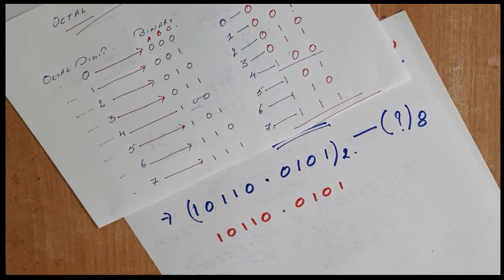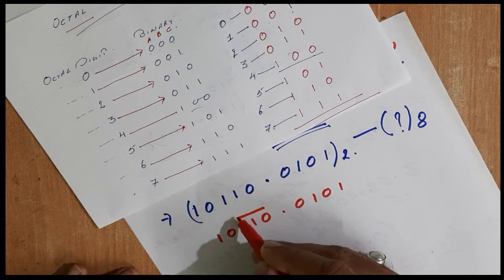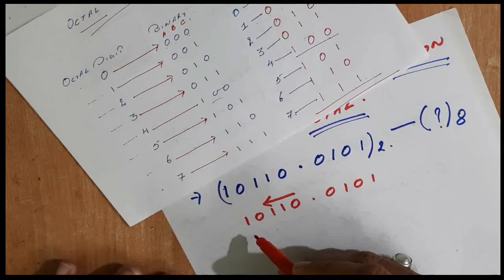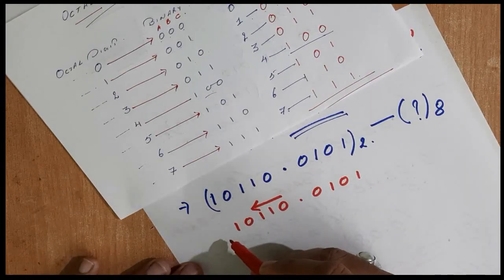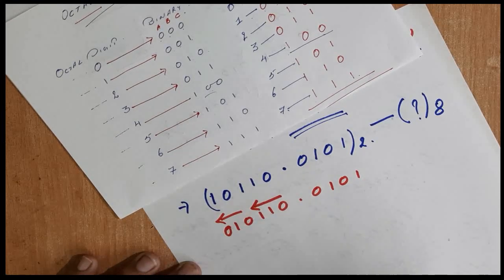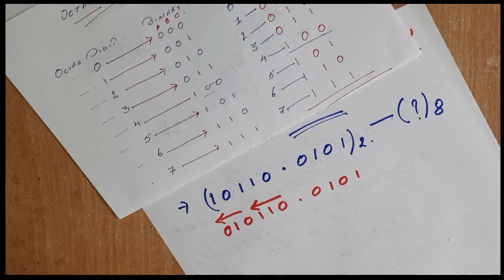Now students, for the whole number you will have seen we need to group the digits in groups of 3, and we have to start from the right hand side, that is this way. So first 3, then we have 2 digits, and as I have said, for making the group we can add 0 to it. So we will add 0 over here, and this has become the group of 3.